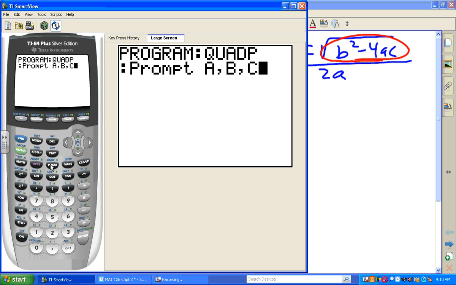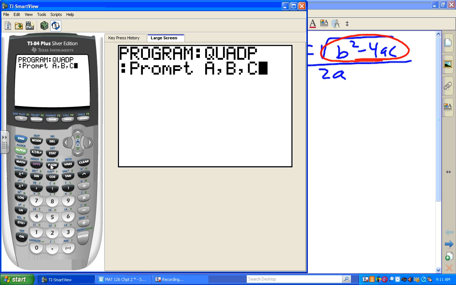So alpha A, comma, alpha B, comma, alpha C. Now, when I run the program, the first thing that pops up asks, what does A equal? Then you type in a number. What does B equal? And you type in another number.